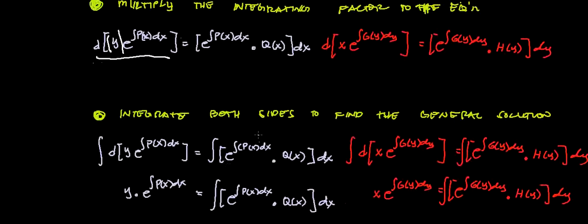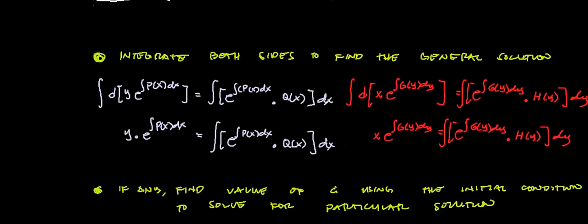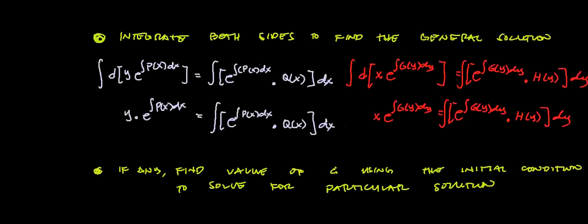So we have the integrating factor in terms of x and the function that is in x. Okay, then right after we integrate both sides, that is now our general solution.